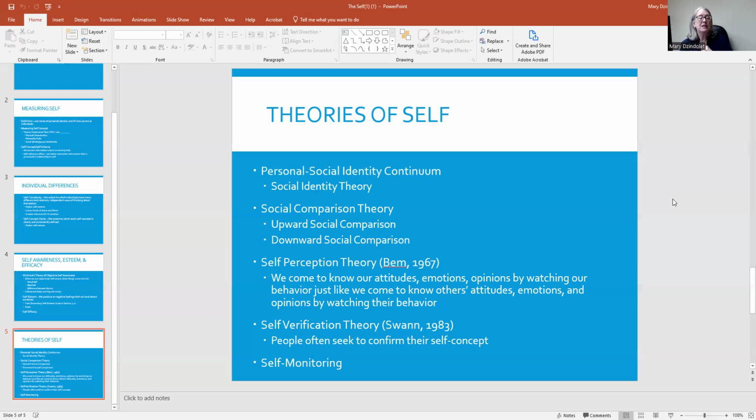So self-monitoring is exactly what you think it is. It's how much you monitor the situation to know how yourself should act. What part of yourself should you show in this particular situation?